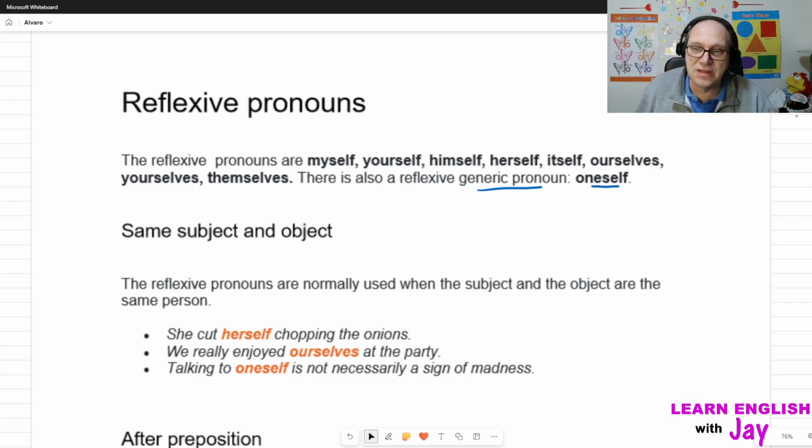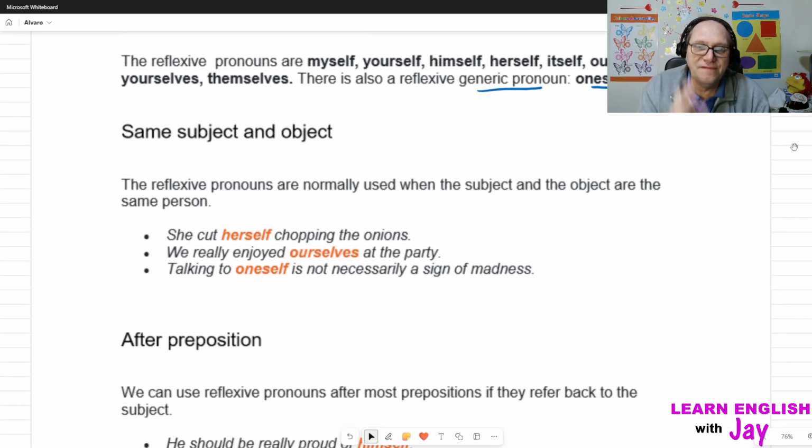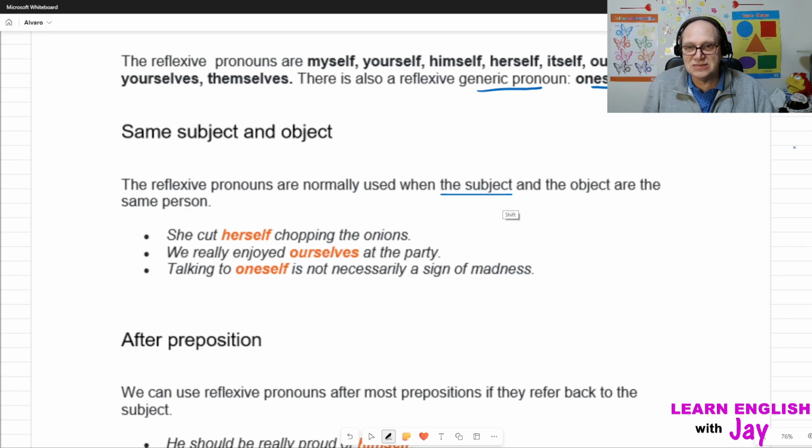They all kind of blend together in that. So a reflexive pronoun is normally used when the subject and the object are the same person. The subject and the object is the same person.